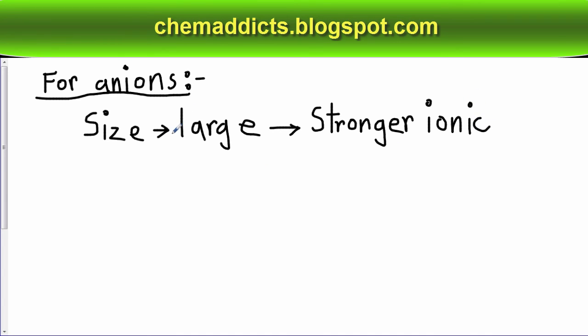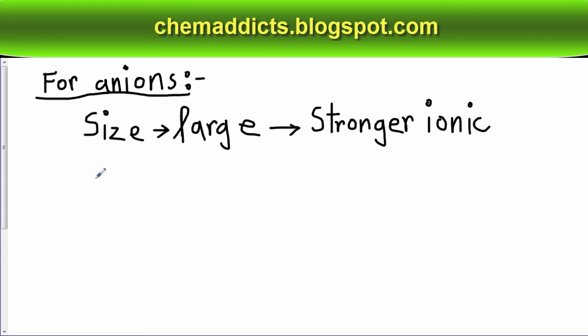So why will this have stronger ionic character? That is because of the size. If the anions are smaller, the cations are not able to distort the electron clouds. So anions are not distorted if the size is small.